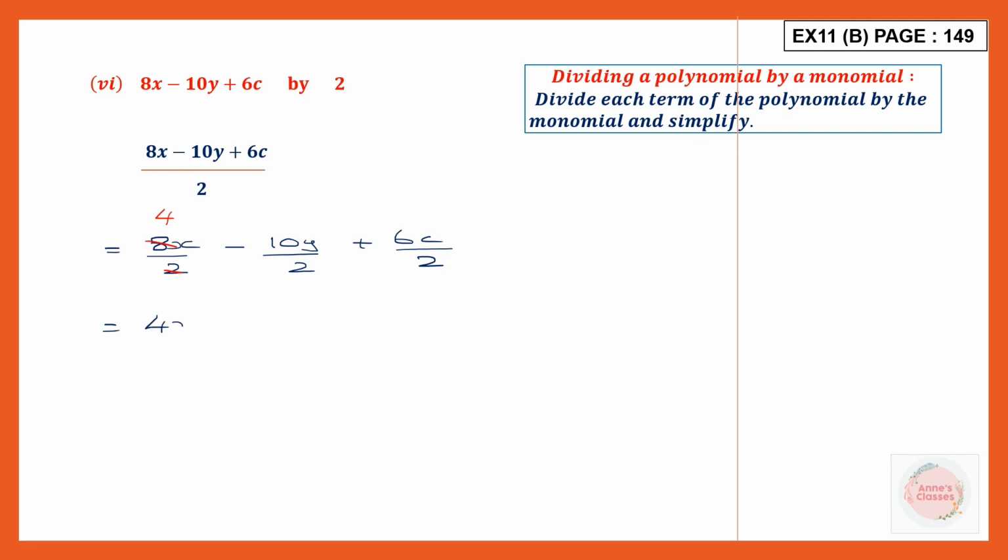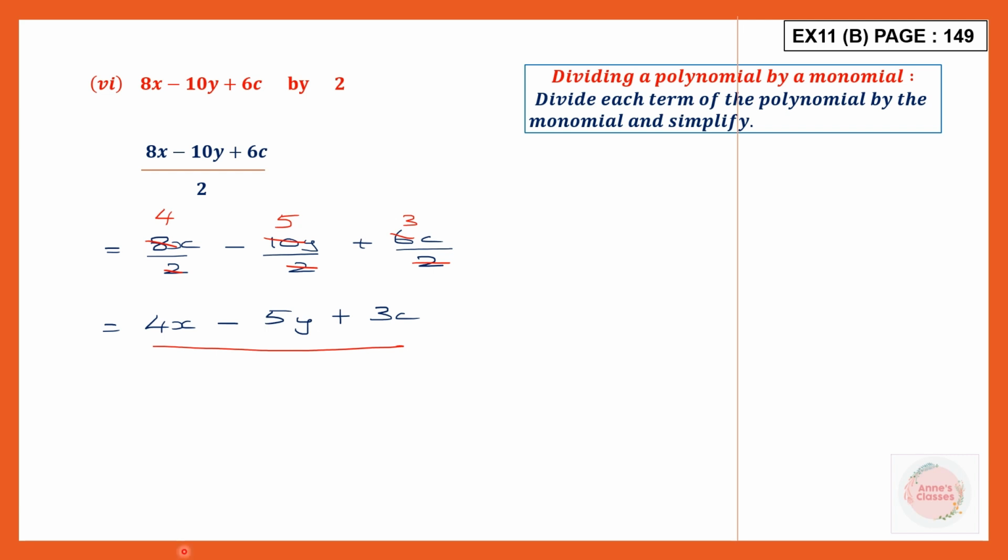So here we just have 4x minus, cancel here also, 2 and 10, 2 5s are 10. So that's 5y plus, cancel 2 and 6, 2 3s are 6. So here what do we have? 3c. So this is our final answer, 4x minus 5y plus 3c.